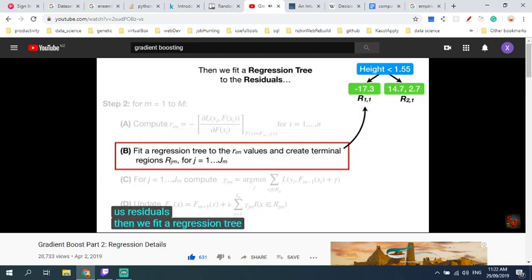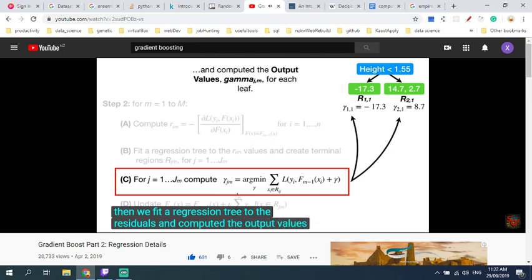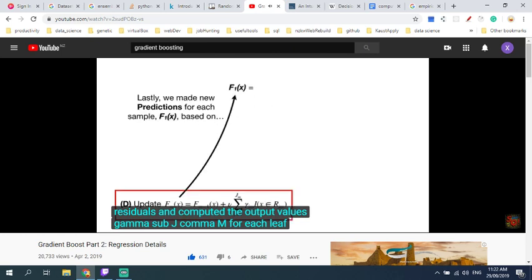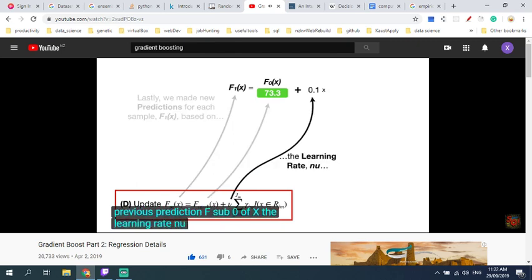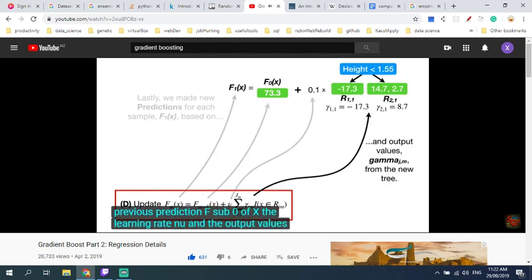Then we fit a regression tree to the residuals and computed the output values, gamma sub j comma m, for each leaf. Lastly, we made new predictions for each sample, f sub 1 of x, based on the previous prediction, f sub 0 of x, the learning rate, nu, and the output values, gamma sub j comma m, from the new tree.